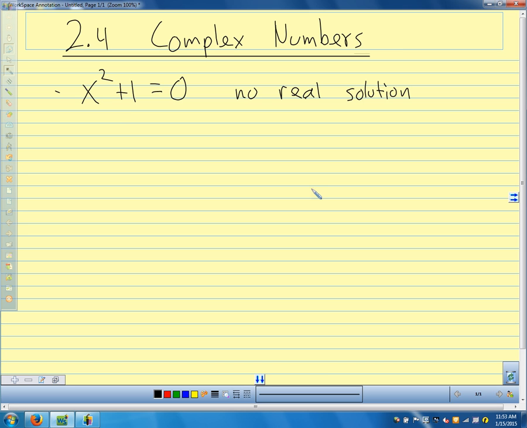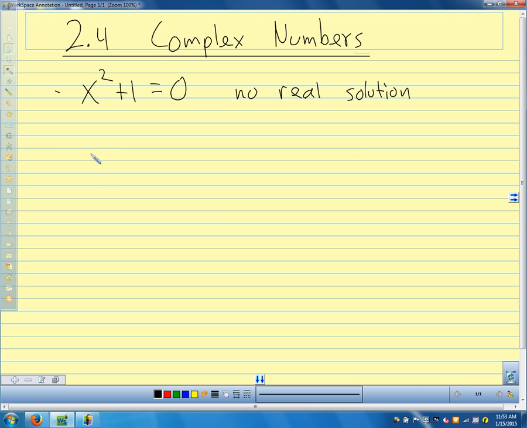So the idea of complex numbers, or the imaginary numbers, originally came out of solving cubic equations that have real solutions, but in between you end up having to use complex numbers, which is kind of interesting, kind of hidden inside those cubic equations. So what mathematicians did, and at first a lot of mathematicians didn't really think it was a great thing, we said, well, we need more numbers.